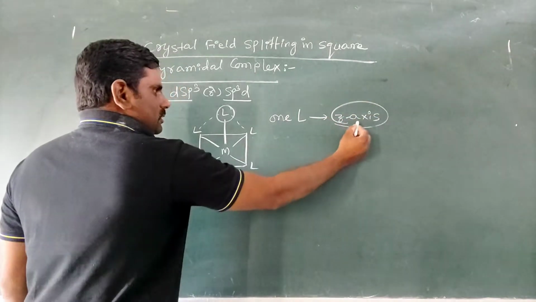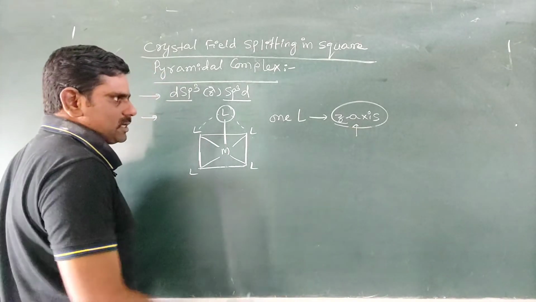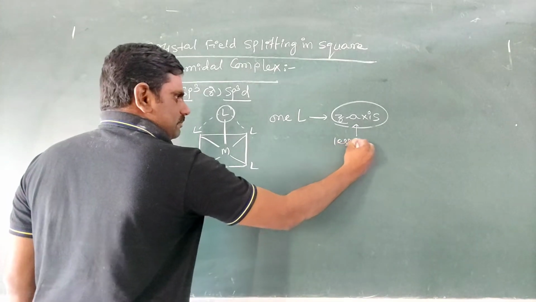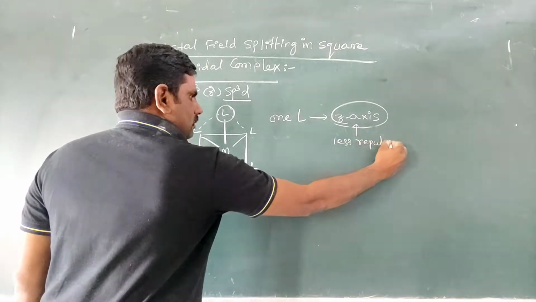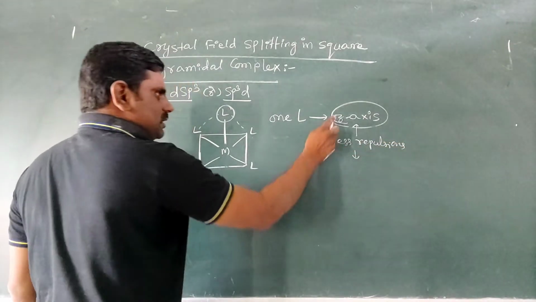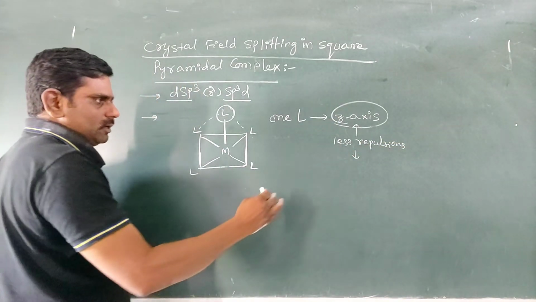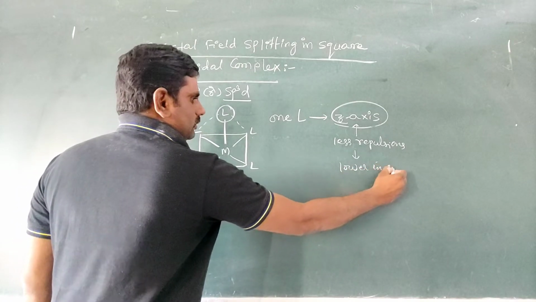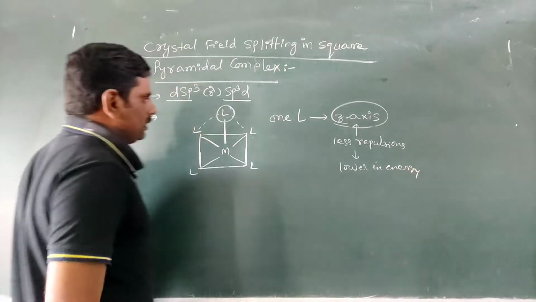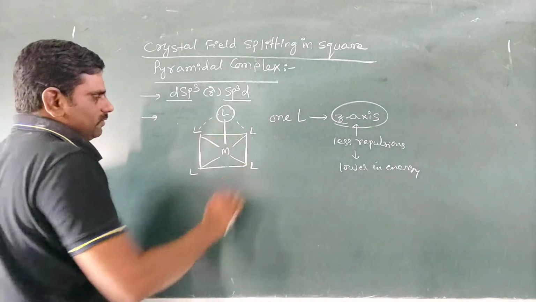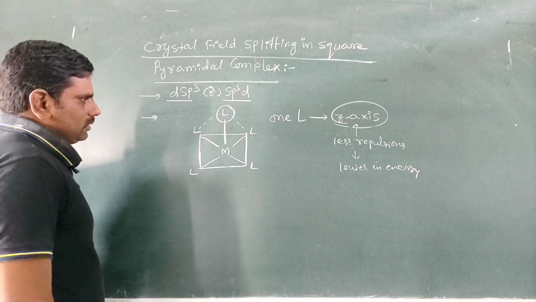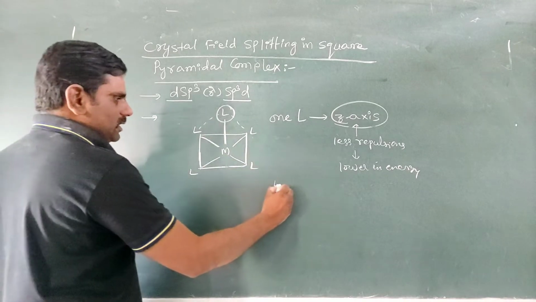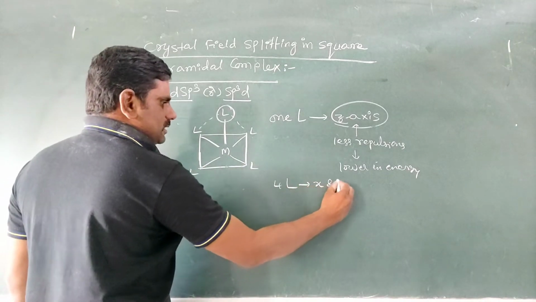So, Z component orbitals are getting less repulsions. Due to less repulsions, Z component orbitals are getting lower in energy. And these two are the x and y axis, because 4 ligands are there on the x and y axis.